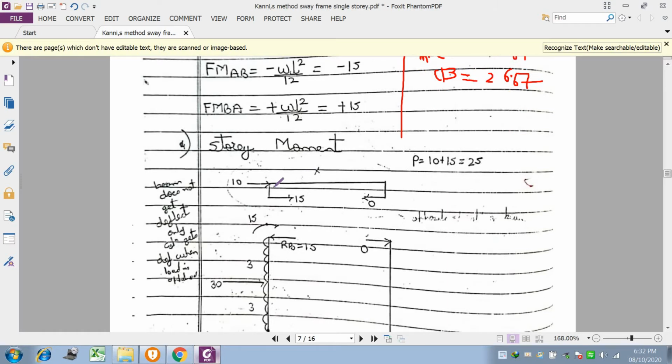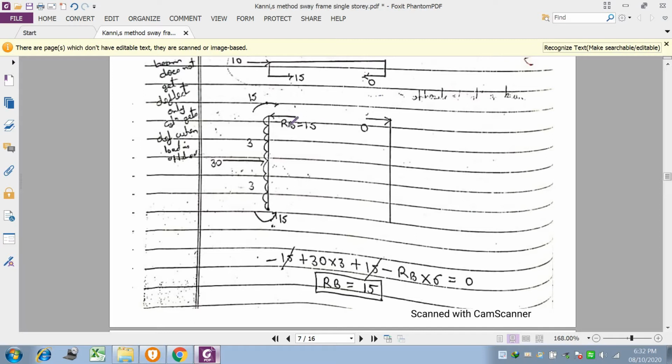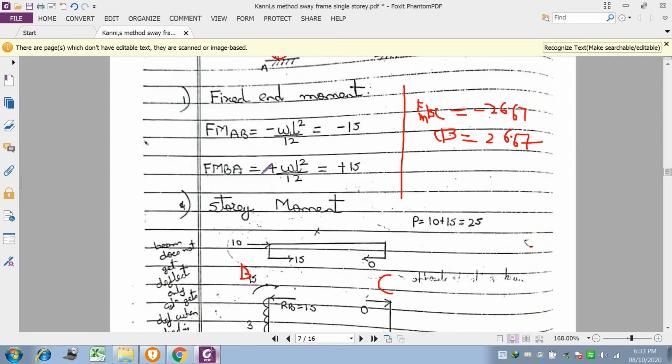Initially, we have to split this ABCD. This is the A part, this is the B part, there is a C point, and a D part. Initially we have to write all the external loading on the span AB. So how will 30 come?